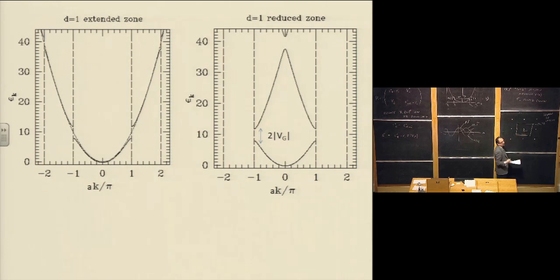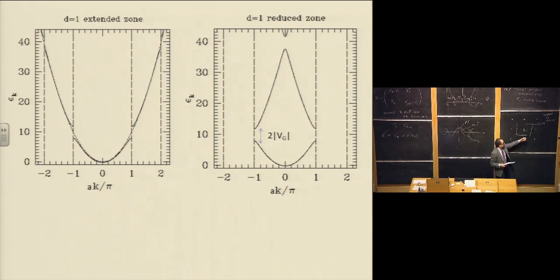So these two can mix together via scattering. They have the same energy because they're the same distance from k equals 0, the same amplitude of k. So this condition holds, E(k) equals E(k plus G). So they mix together, and it's exactly the same calculation we just did.